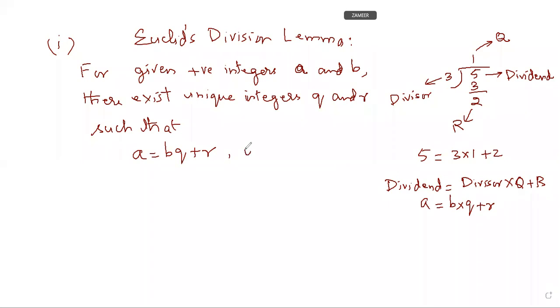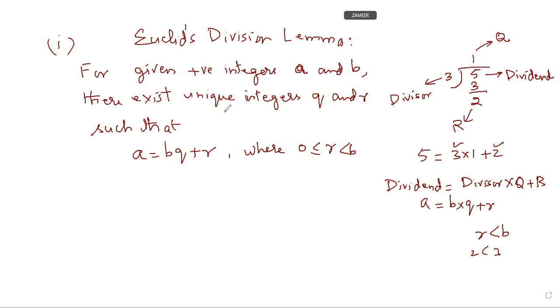It is very important that r is greater than or equal to 0 and less than b. Always r is less than b. What is b? b is 3. Therefore, here 2 is less than 3. So r can be from 0 to less than 3.